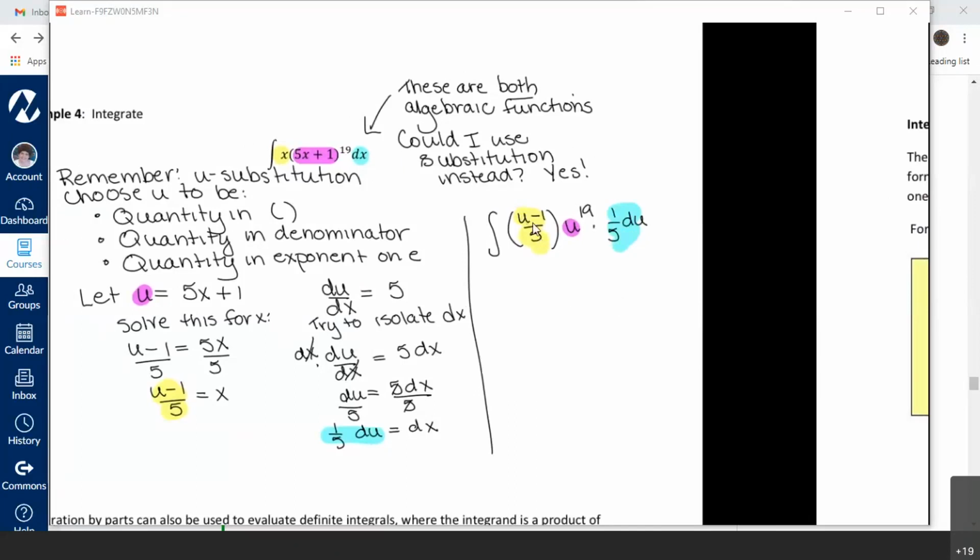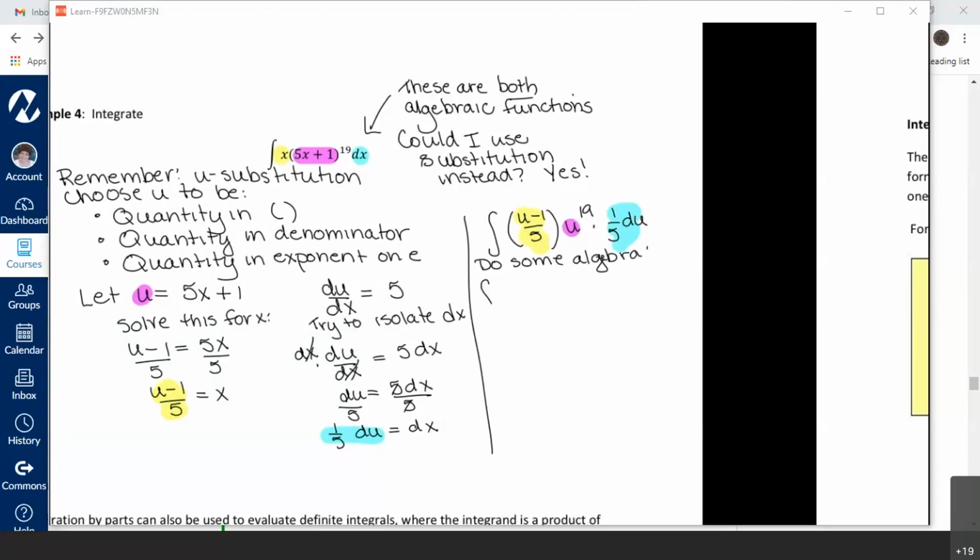Now here's what you've got to do. You've got to look at this and do some algebra on it first. First, I'm going to get rid of my coefficients.